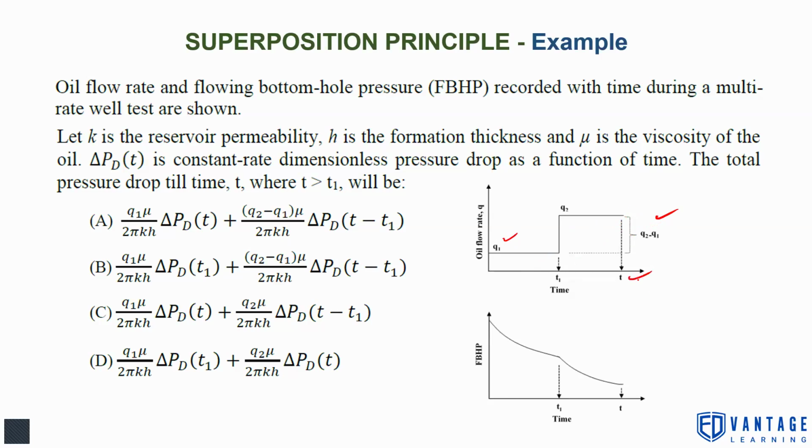Up to t1, it is at Q1 rate, but from time t1 to t, it is at Q2 minus Q1 rate. That is the most important thing. Up to t1 it will be Q1, but from t1 to t, it will be Q2 minus Q1. Just observe how we can solve this. Which would be the right answer?